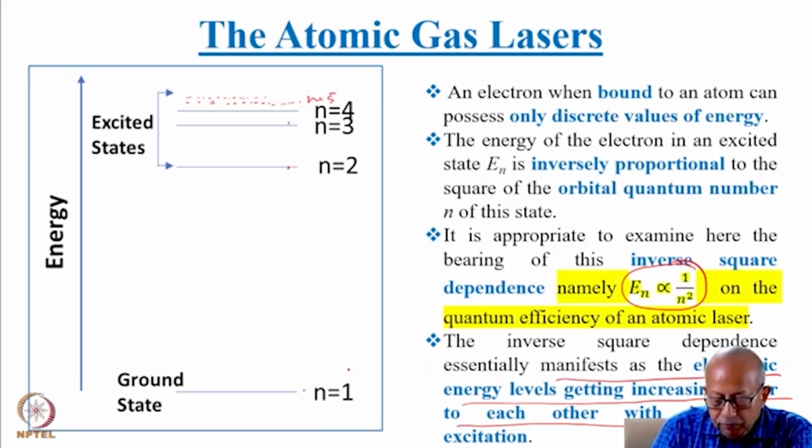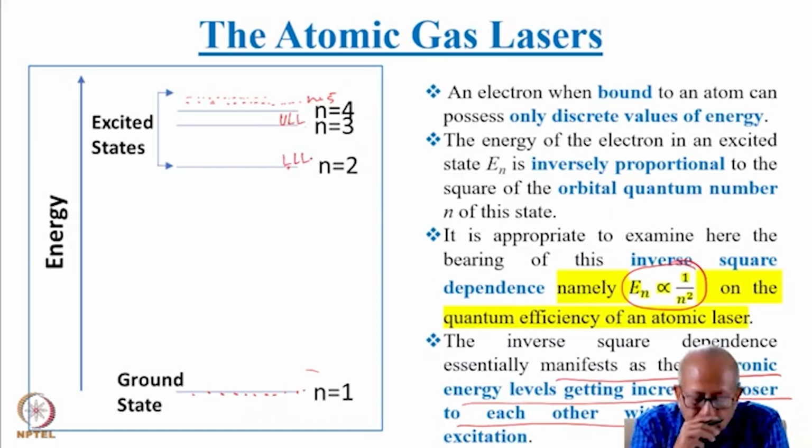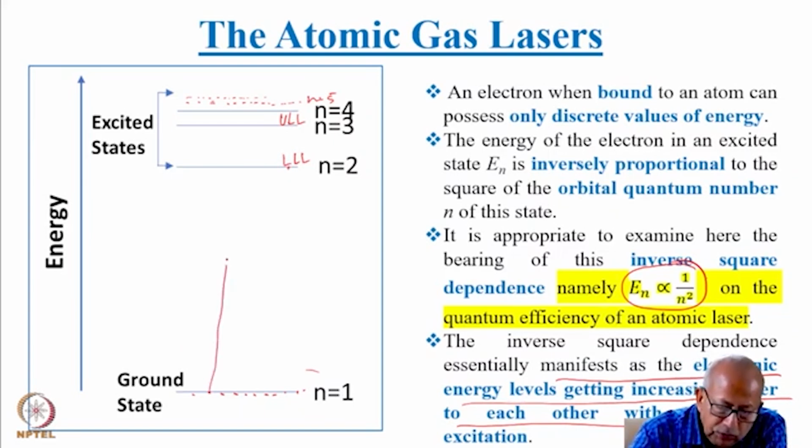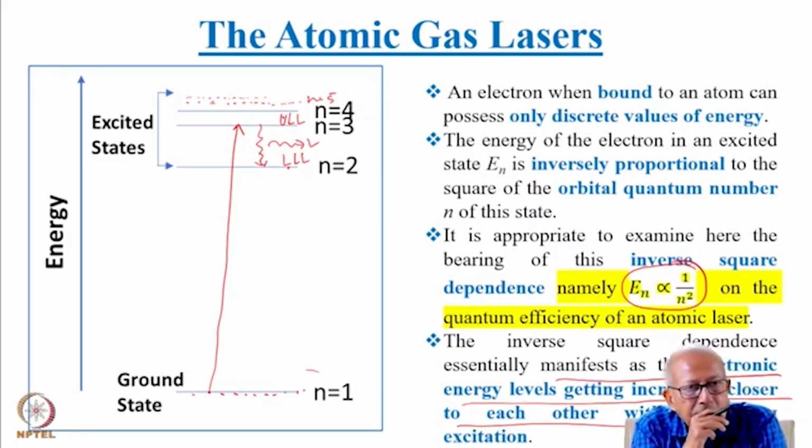To begin with, all the atoms reside in this. And suppose this is our upper level and this is our lower level. So basically we'll have to transfer atoms from here to the upper level, and the lasing will occur between these two. So the laser light will be emitted in this direction.